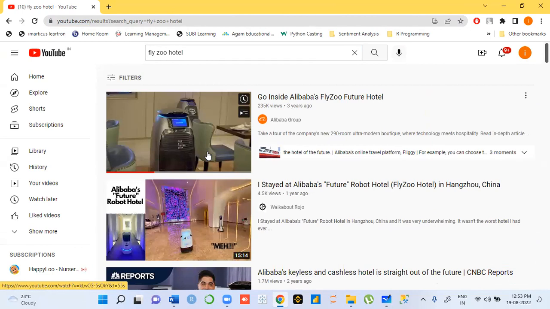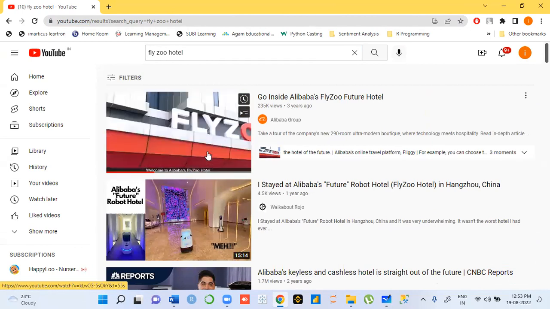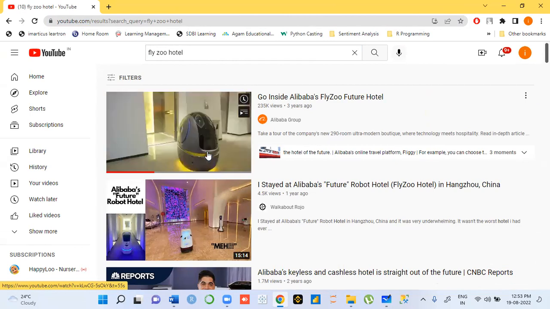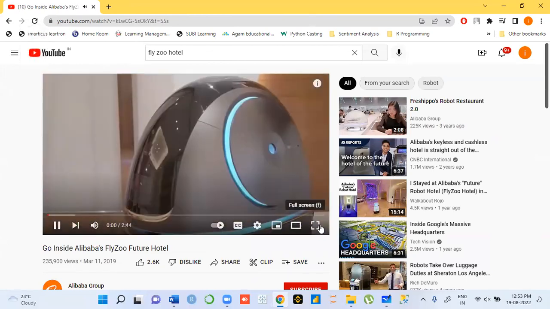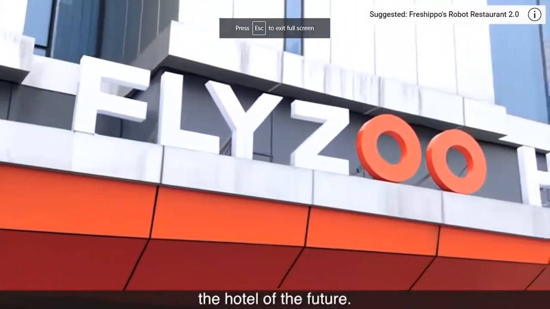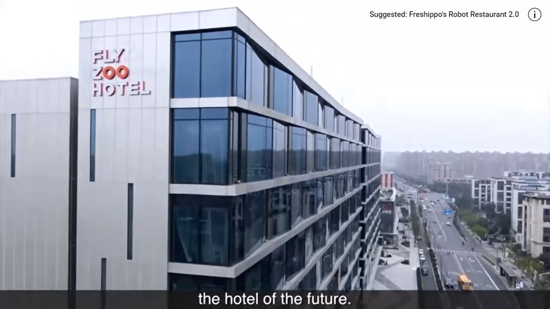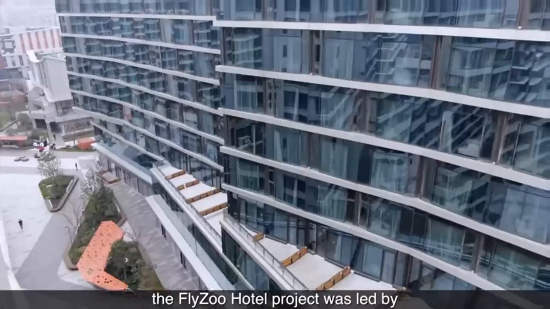In this hotel, guys, there is no human being. Everything is robotics. It's one of the hotels made by Alibaba, famous, done by many researchers. Without any human interaction, the entire hotel works.